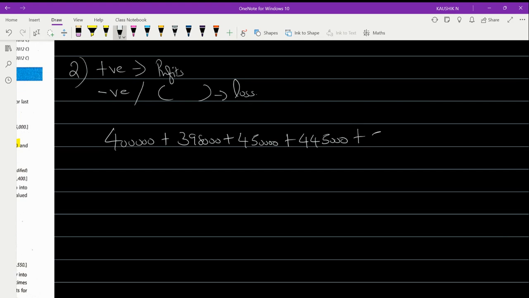Okay, if you total these, you will get one value. That value should be divided by 5 because 5 years are there.